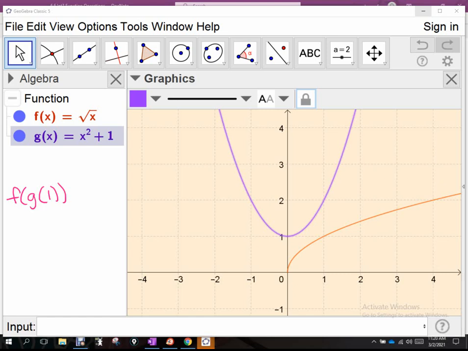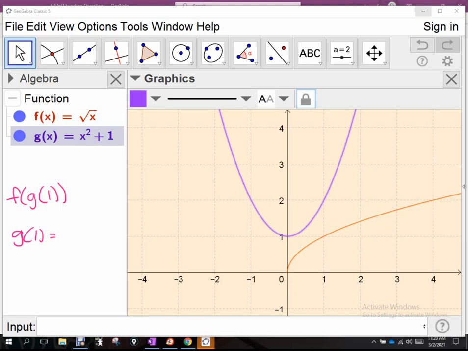When I say has x attached to it, that x is now the value 1. Does that make sense? So I'm going to look at g of 1. What does g of 1 mean to me? G of 1 is the y value, correct?